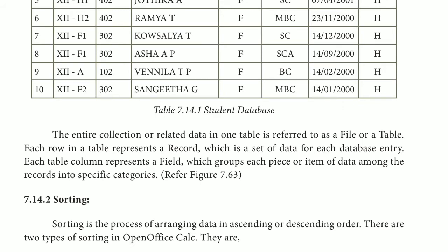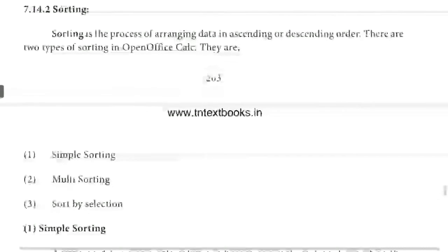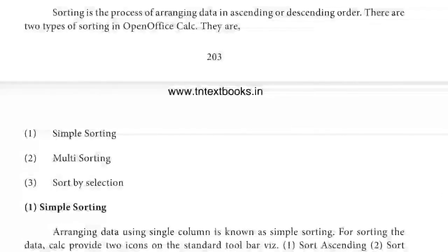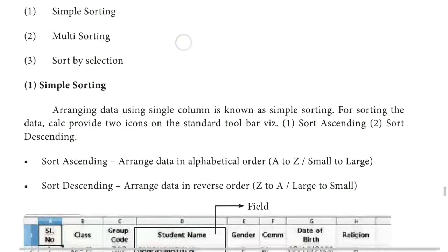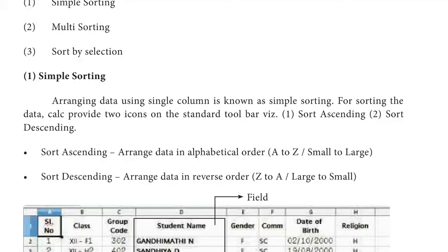Sorting is a process of arranging data in ascending or descending order. There are types of sorting in OpenOffice Calc: single sort, multiple sort, and sort by selection. Single sort, arranging data using a single column, is known as simple sort.